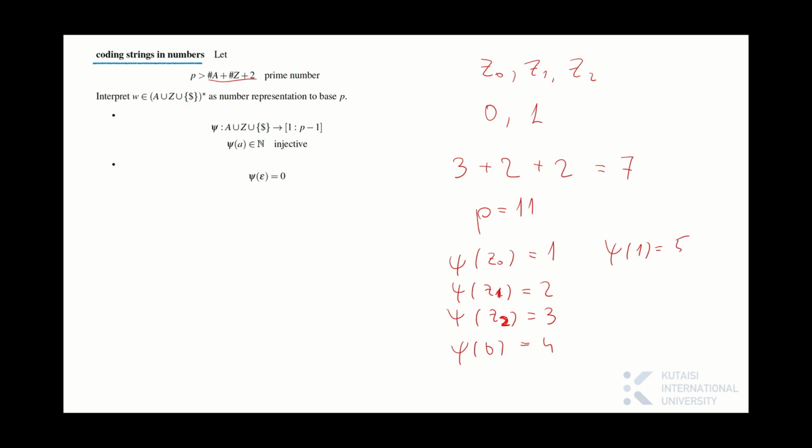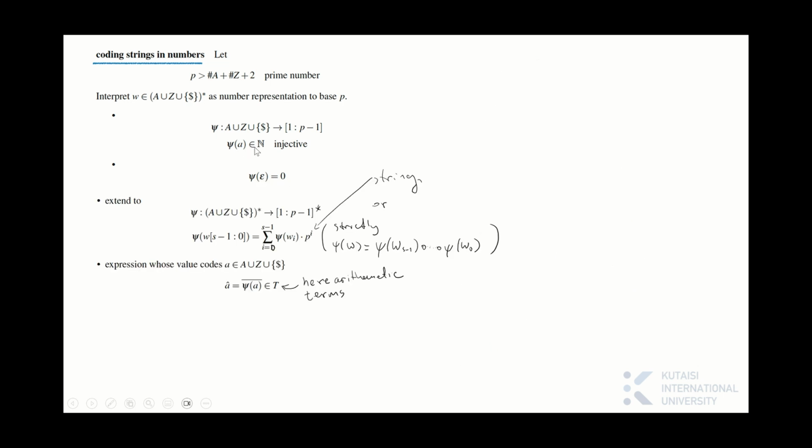Okay, no problem. I will also set psi of epsilon, the empty string, to 0. So for every state and every alphabet symbol, I now have a natural number, and for the empty string, I take 0.